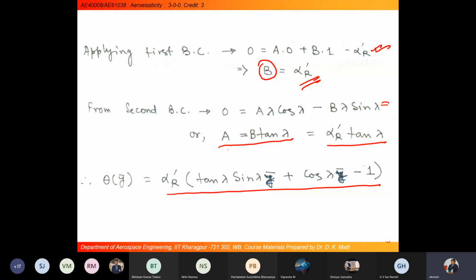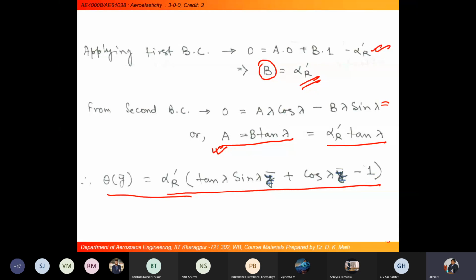Finally I get the integration constant a in terms of b. So a is b tan lambda, which I express in terms of alpha r prime tan lambda. So finally theta as a function of y bar comes as alpha r prime, tan lambda sin lambda y bar plus cos lambda y bar minus 1.